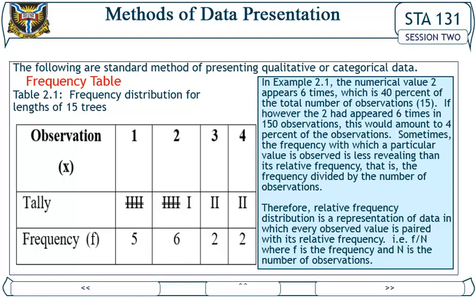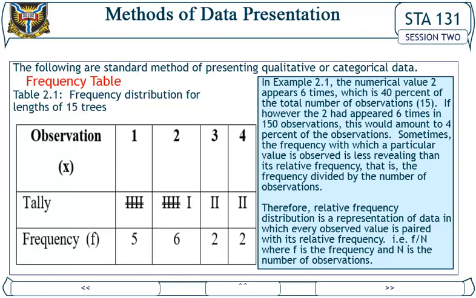In example 2.1, the numerical value 2 appears 6 times, which is 40% of the total number of observations, 15. If, however, the 2 had appeared 6 times in 150 observations, this would amount to 4% of the observations. Sometimes, the frequency with which a particular value is observed is less revealing than its relative frequency, that is, the frequency divided by the number of observations.